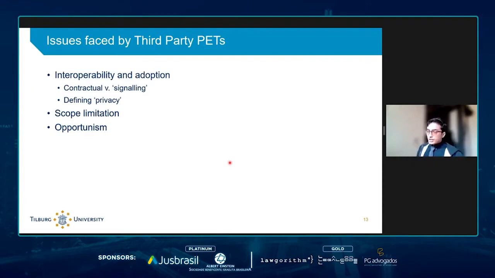In informal conversations with experts in the field, they note that these tools always come up for some time. They're interesting ideas, but they don't last very long. On the other hand, these tools also need to be adopted by or be interoperable with the systems of the service providers. Otherwise, the communication of user preferences doesn't take place, just like with Privacy Badger.